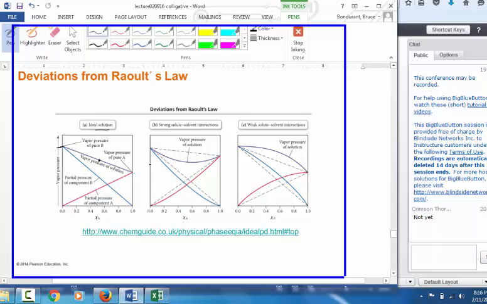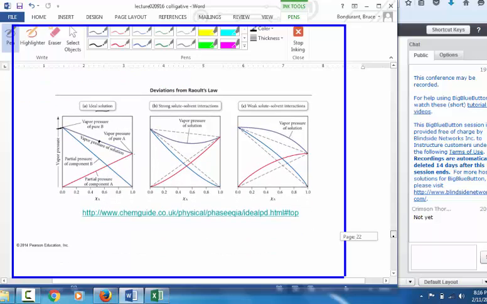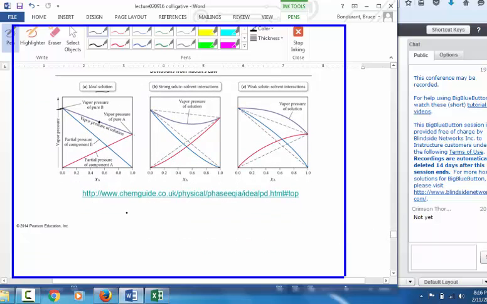And an ideal solution really means that the interactions between the solvent and solute are equal to what they are together.